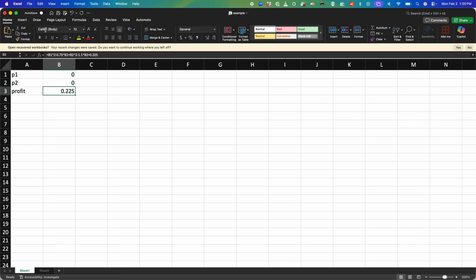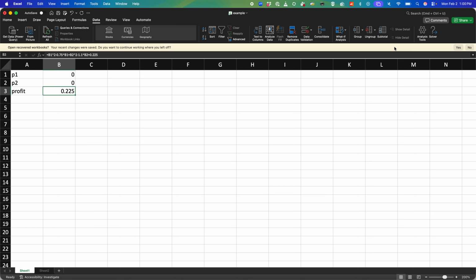The way that I solve the optimization is I go up to Solver. You may have to add this under analysis tools if you don't see it: you make a checkbox to enable Solver, then restart Excel and you'll have it.